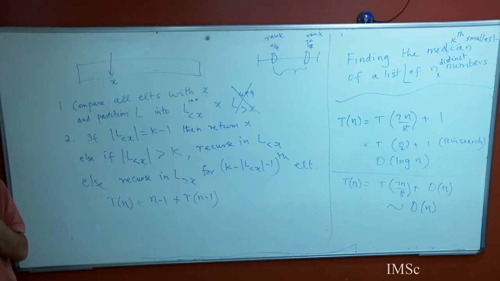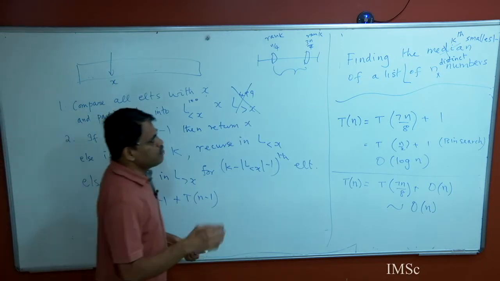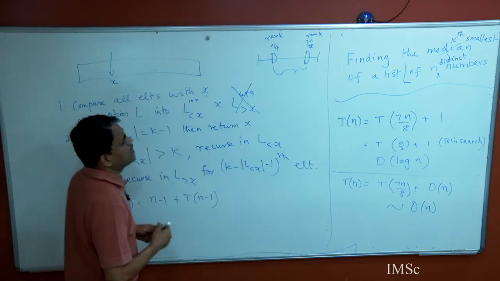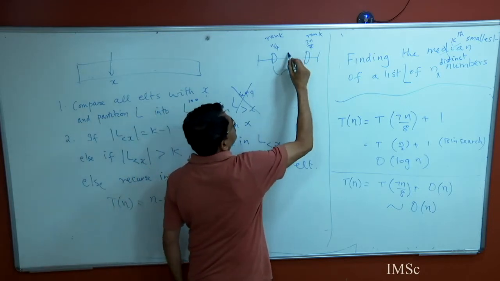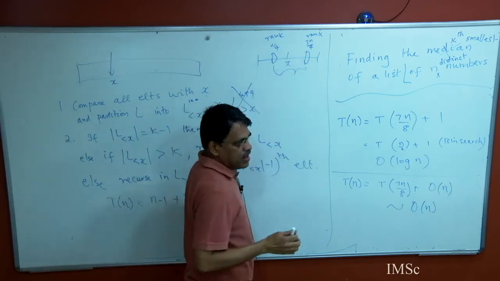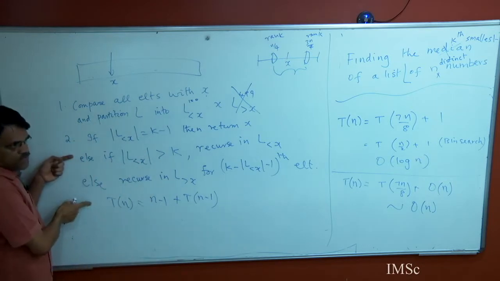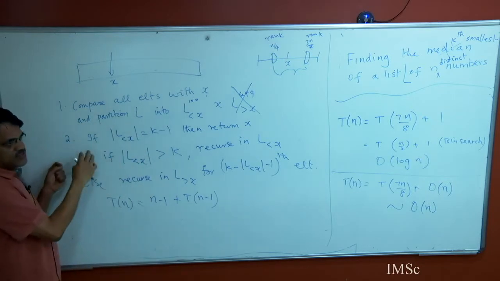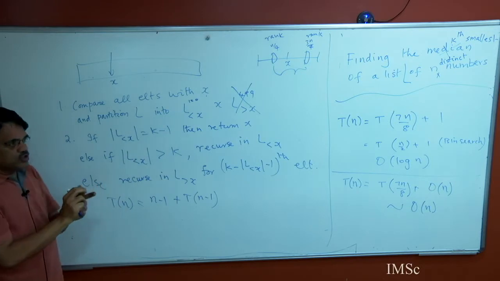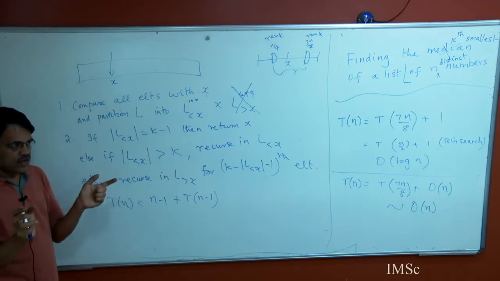Right? Because half the ranks are there. So with probability at least half. Now if your x happens to be somewhere here, then regardless of which case you fall into, either you will recurse on the left side or on the right side, you get to throw away at least how many elements?